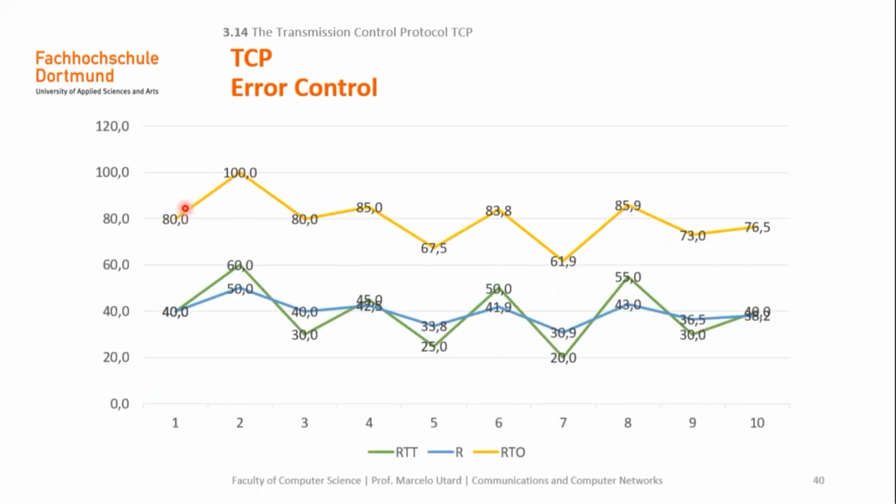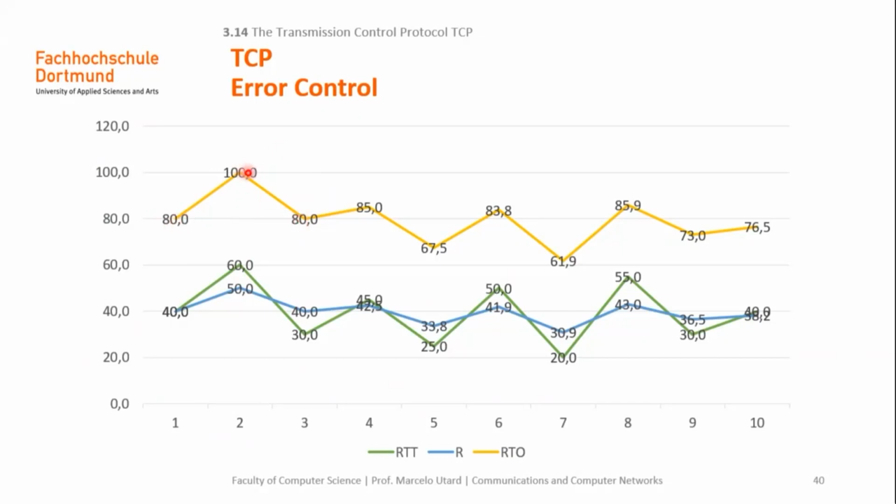The retransmission timeout needs to avoid the unnecessary retransmission. That is, it needs to be higher than the smoothed round trip time, but not so high that we use inefficiently the bandwidth of the channel.